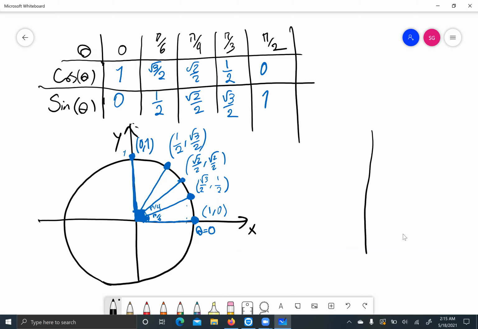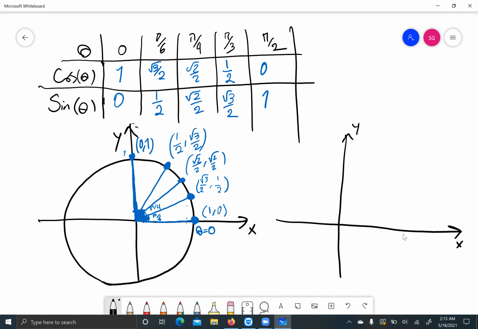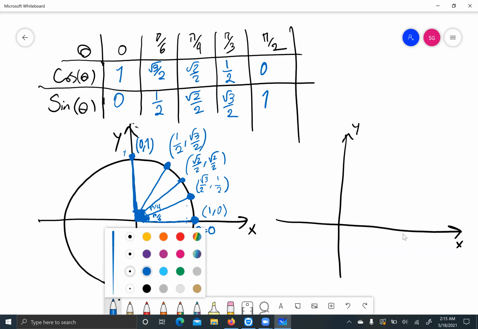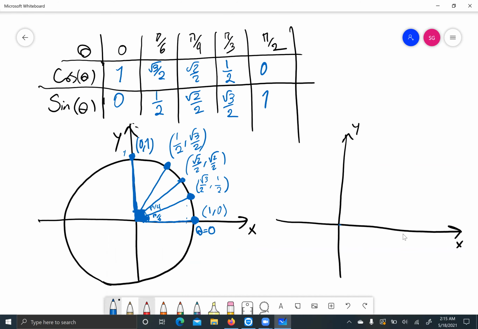Now let's look at the graph of sine. So x-axis, y-axis. I want to draw the graph of sine. So let's plot these points. At 0, sine is 0. So that corresponds to the point 0 and 0.